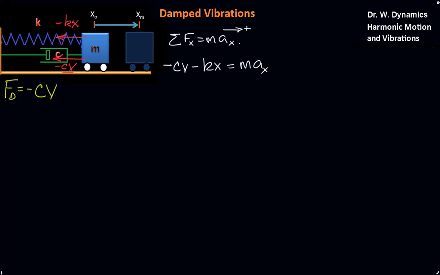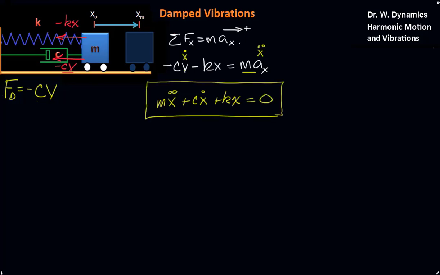And note here that ax is x double dot, and v would be x dot. So if we bring everything to the other side and write it as one equation, we get m x double dot plus c x dot plus kx is equal to 0, which we can recognize as a second order, linear, homogeneous, ordinary differential equation with constant coefficients.